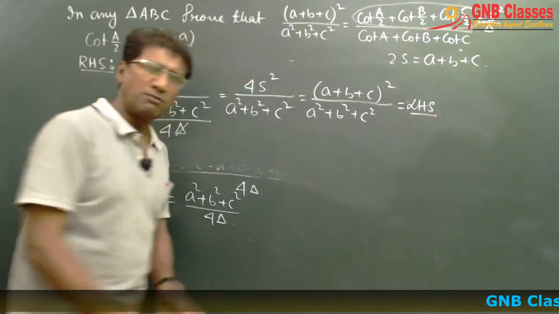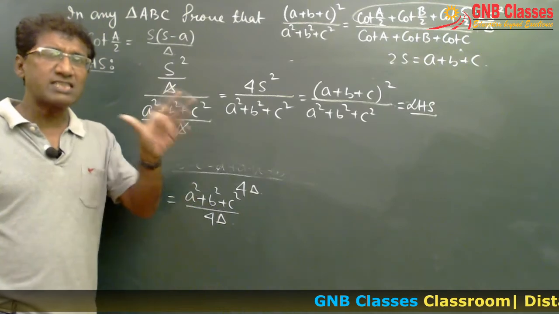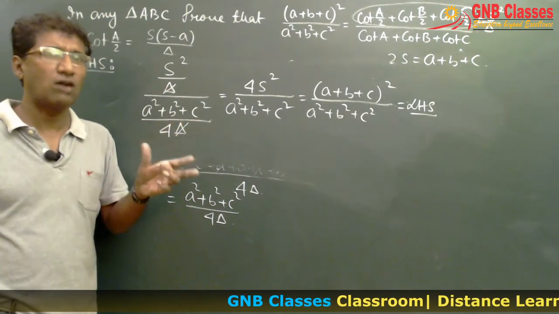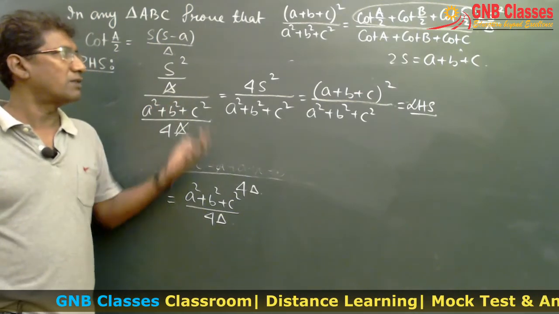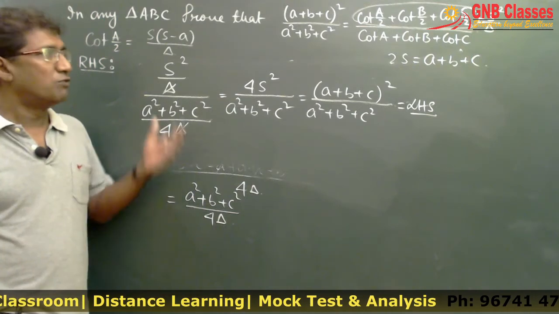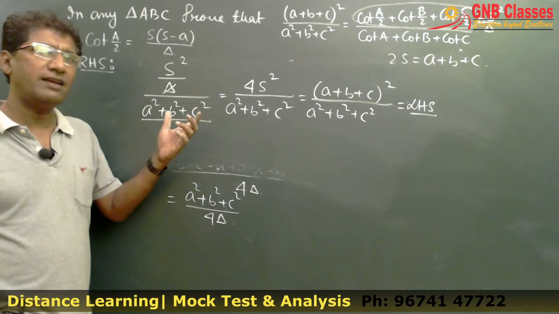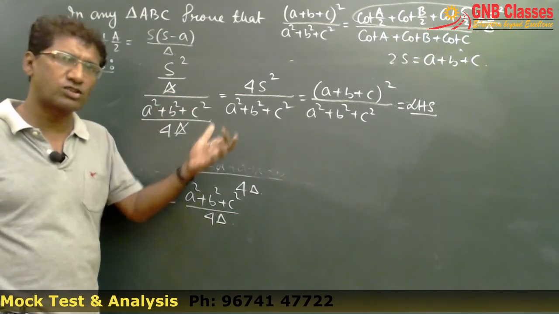Have you understood the problems based on this half angle formula? The first question that we have solved, the first problem of this section, that is problems based on half angle formula, we have learned that if A, B, C are in AP in any triangle, then cot A by 2, cot B by 2, cot C by 2 are also in AP.